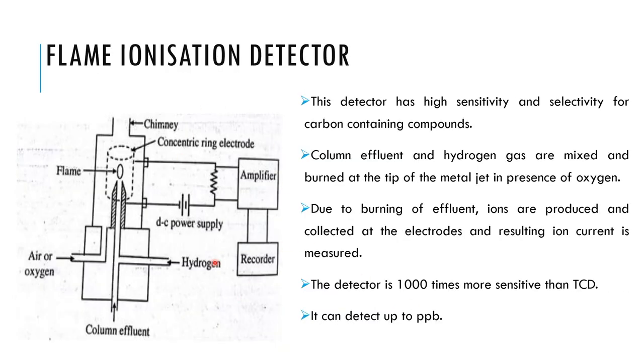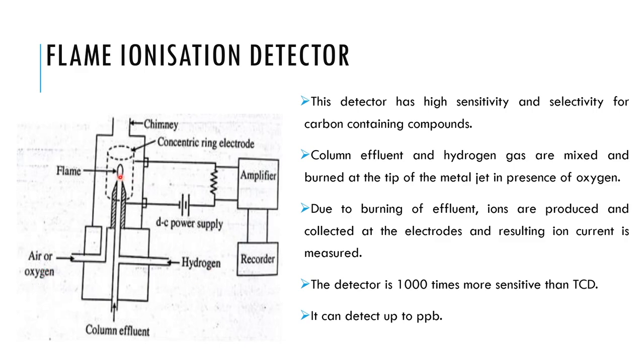Coming to the flame ionization detector, it is a destructive type of detector. Why? Because whenever the column with the sample flows, it is burnt in the flame and converted into ions. Here you need two extra cylinders to create the flame: one is an air or oxygen cylinder with high purity, along with a hydrogen cylinder.